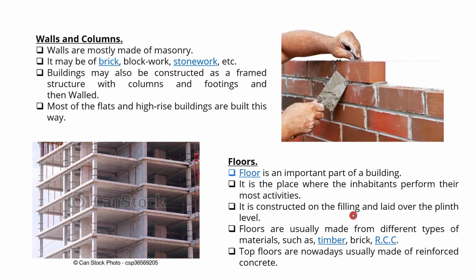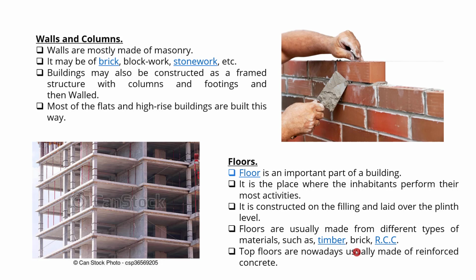For above, that means for the first floor as well as the second floor, there is no filling provided. The floors are usually made from different types of materials such as timber, brick, RCC, anything. So normally we will go for RCC, but older constructions were made with timber and brick.